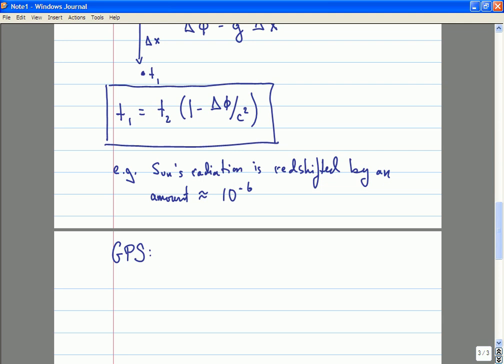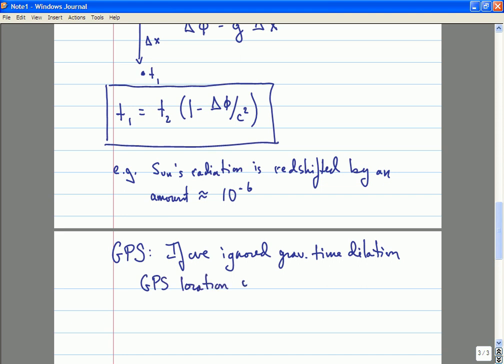So for example, if we ignored gravitational time dilation, then the GPS signal would accumulate an error because the clock in the satellite would be wrong by some factor due to the gravitational field of the Earth, and the error is about 1 kilometer per day.